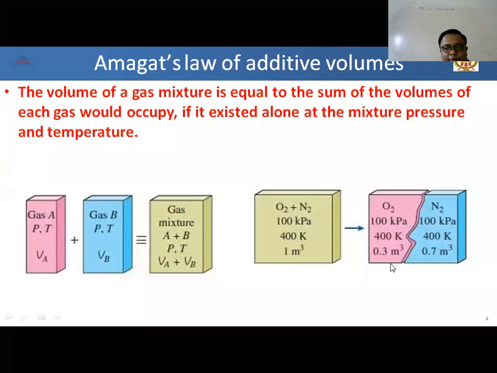The individual volumes are 0.3 meter cube of oxygen and 0.7 meter cube of nitrogen, summing to the 1 meter cube mixture volume. The mixture is sustained at a pressure of 100 kilopascal and a temperature of 400 Kelvin.